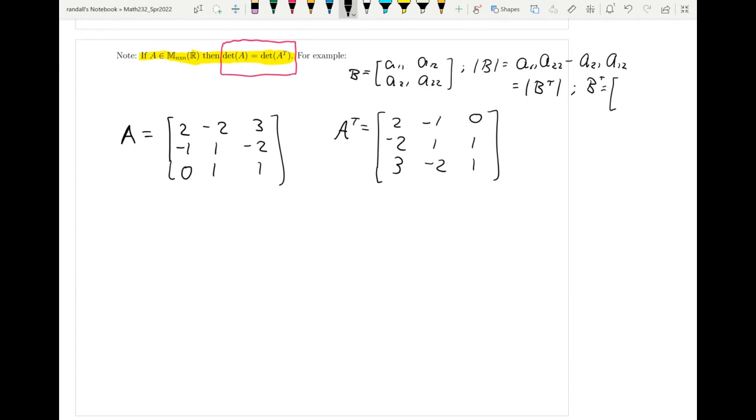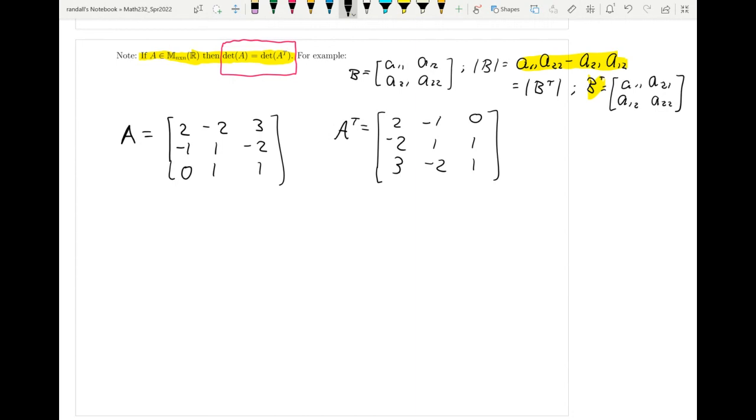If I write out the transpose, it's A11, A12, A21, A22. That's the definition we stated for the determinant of a 2 by 2 matrix, and you can see that it's the same number you get by applying that formula to the transpose of the matrix.